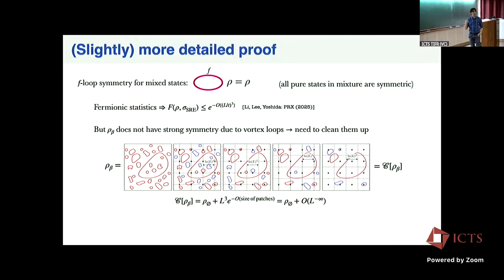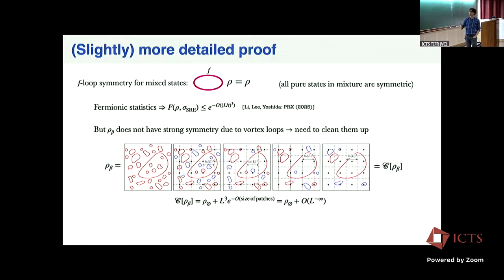Now you can use the fact that at low enough temperature, almost all the loops that you see have a size that's only logarithmic in system size. So if I choose the size of the patches to be larger than that, then I'm good. I have basically removed almost all the loops.